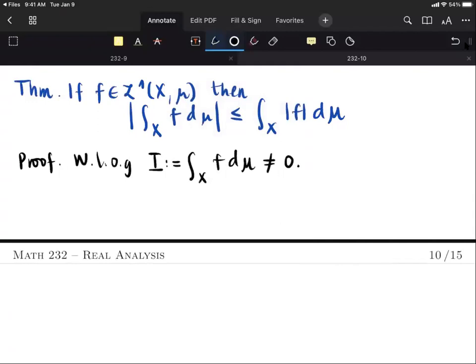Otherwise, the inequality is trivial, because the left-hand side would be 0 and the right-hand side is obviously non-negative, because the absolute value, or the modulus, of f is a non-negative measurable function. Let us introduce a scalar alpha, which is the conjugate of I divided by its modulus. So here, the denominator is not equal to 0 by assumption.